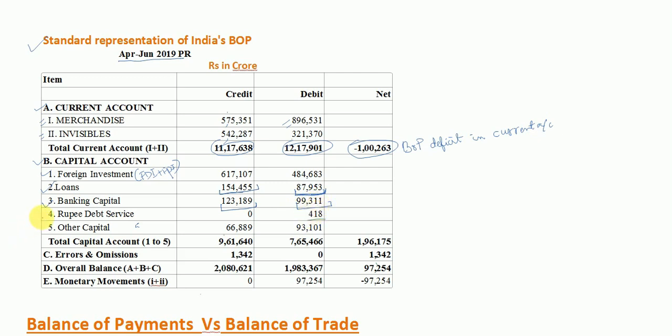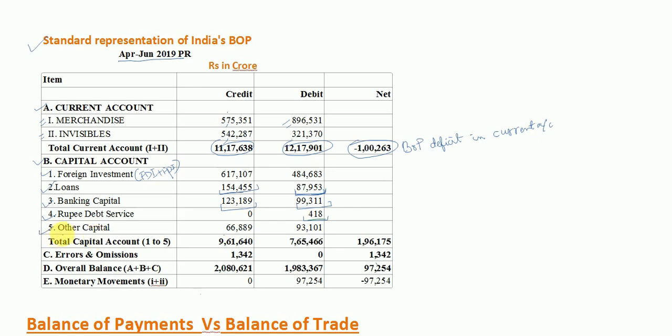On the other hand, under the head of rupee debt service, India has a debit of 418 crore rupees. Sometimes India repays the debt, that means the principal amount plus interest, in its own currency. That is what is known as rupee debt service.